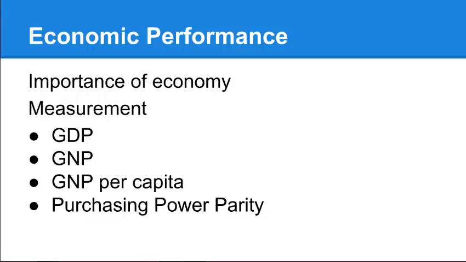Now, GNP per capita is essentially the average measure of GNP per person. Finally, purchasing power parity. What purchasing power parity is, it has a base of GNP, but then goes further by analyzing what the people can actually buy with their income in their local economies. So these are the ways to measure economic performance in a state.